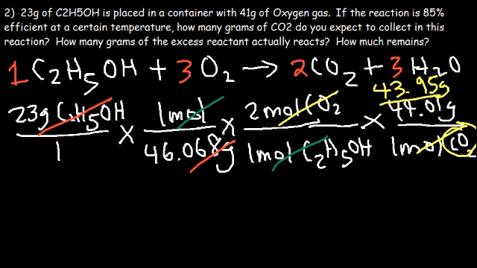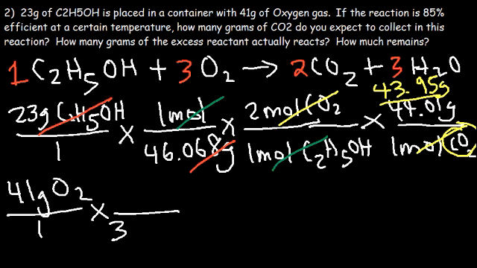It's a quantitative relationship. So now let's calculate the quantitative, or stoichiometric, relationship between the grams of oxygen gas and carbon dioxide. Let's start with 41 grams of O2. Let's convert it to moles.